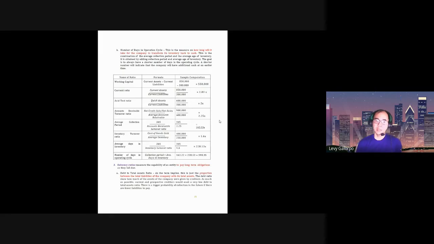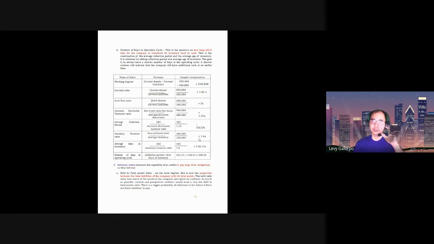Okay. Debt to total assets ratio, as the term implies, this is just the proportion between the total liabilities of the company with its total assets. Ibig sabihin, total, kasama na dyan ang current at kasama dyan ang long-term. Okay, the debt ratio shows how much of the assets of the company were given by creditors.